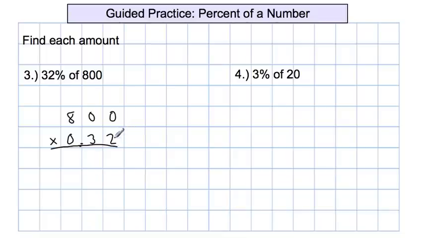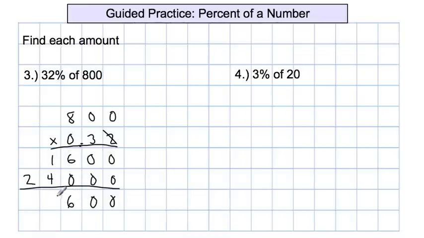So let's begin. 2 times 0 is 0. 2 times 0 is 0. 2 times 8 is 16. Then multiplying by the 3 here after we put our placeholder. 3 times 0 is 0. 3 times 0 is 0. 3 times 8 is 24. And now it's adding time. That's 0, 0, 6 plus 0 is 6, and 5, and 2.